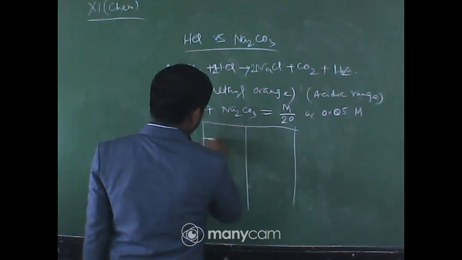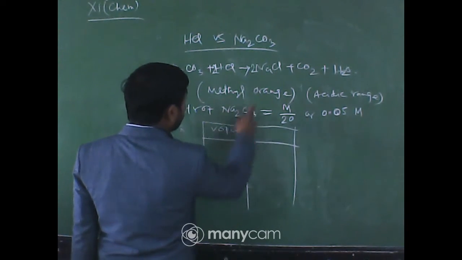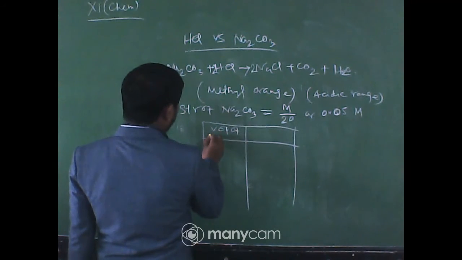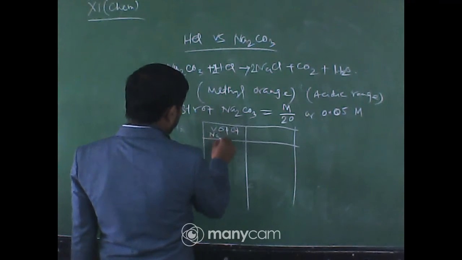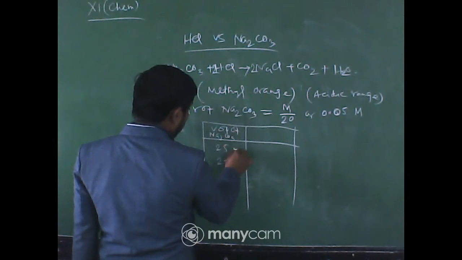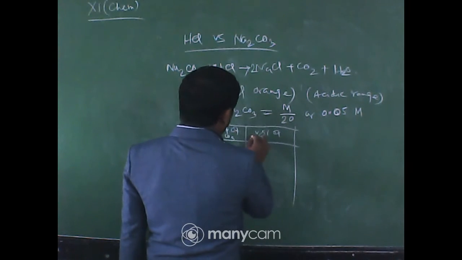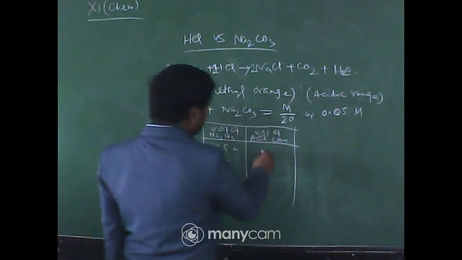This is the volume of sodium carbonate taken, every time it is 25 ml. This is the volume of acid consumed. Now this data should be recorded.